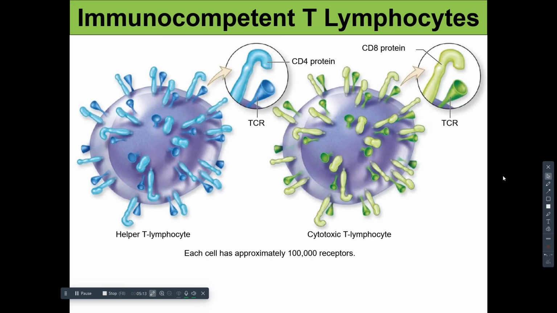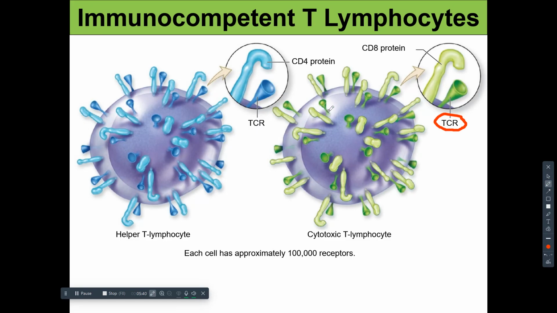And when a T lymphocyte leaves the thymus, it is going to be studded with receptors. So this is a helper T lymphocyte that is immunocompetent, that is mature. This is a cytotoxic T lymphocyte. And there's a variety of proteins on the surface here. We're interested in these T cell receptors.